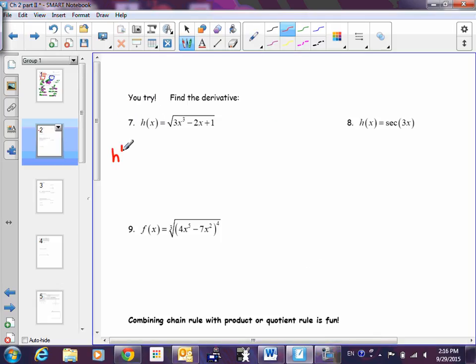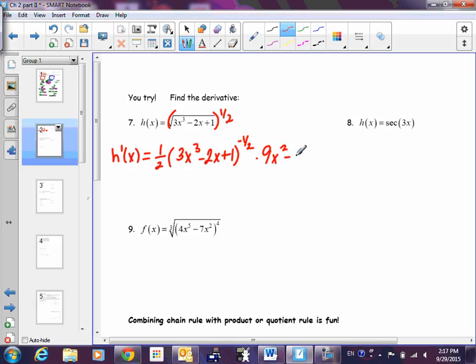All right. First of all, before we really find this derivative, what did you guys do with this square root? 1/2, right? So we go 1/2 in front, keep the inside the same, and then the new power would be 1/2 minus 1, which is -1/2, times what? 9x squared minus 2.